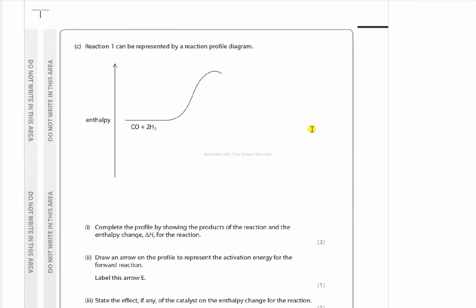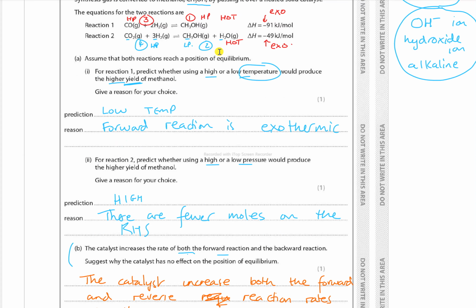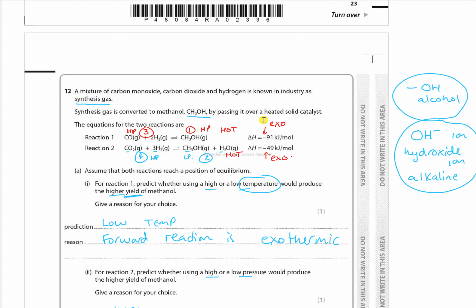Right, okay. Why does this look familiar? Right, we need to complete the reaction profile diagram, not energy profile, reaction profile. So the reaction starts here, energy goes up, enthalpy goes up, and then they're both exothermic.